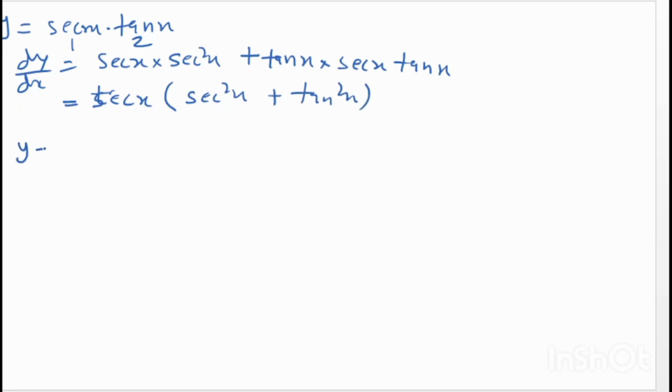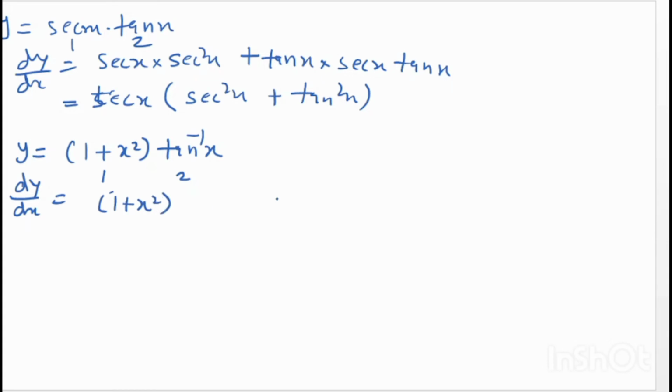Next example, y is equal to 1 plus x square into tan inverse x. So dy by dx is equal to, make it first, second. So write down first ko first, second ko second, take the plus sign between them, and the derivative of tan inverse x is 1 upon 1 plus x square, and the derivative of 1 plus x square: 1 is the constant, derivative 0, and the derivative of x square is 2x.